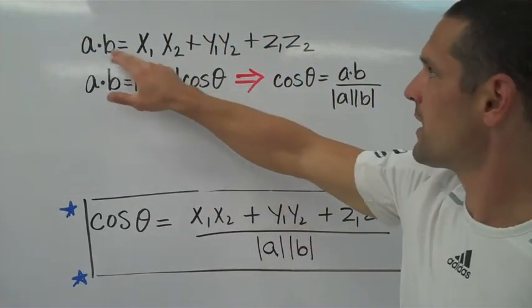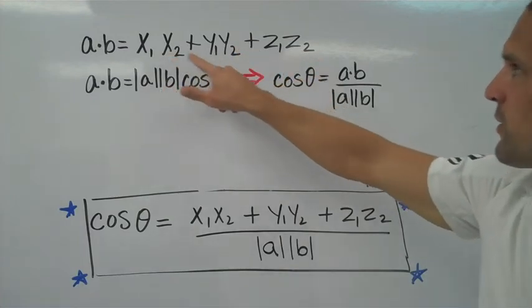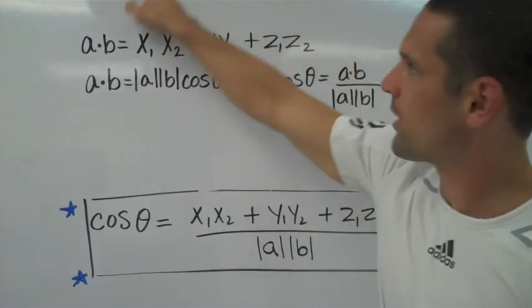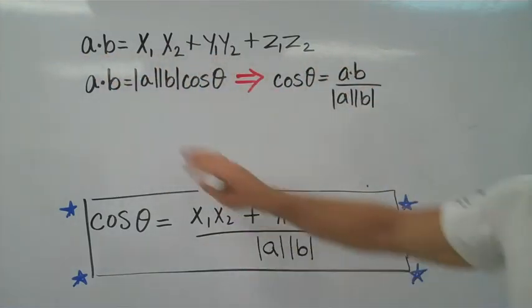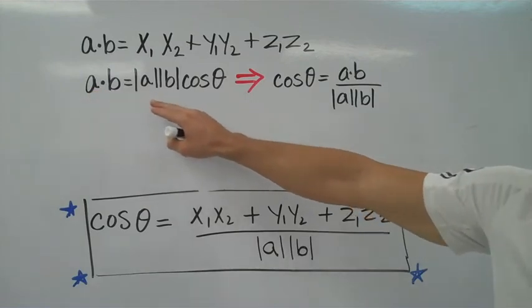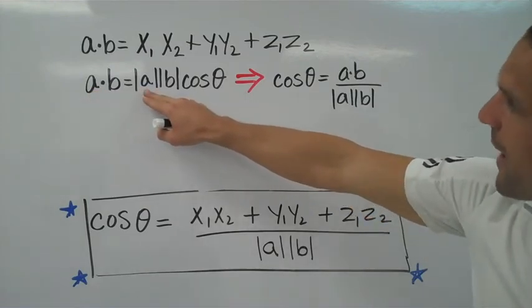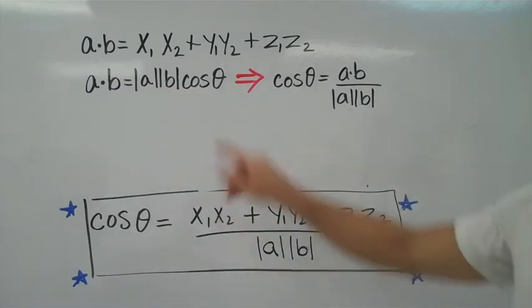And vector b is x2i plus y2j plus z2k. So x2, y2, z2 belong to vector b. We saw that already. And then I said the dot product can also be written as a dot b, or the scalar product can be found with the magnitude of a times the magnitude of b, again, you just use the Pythagorean Theorem to find them, times the cosine of theta.